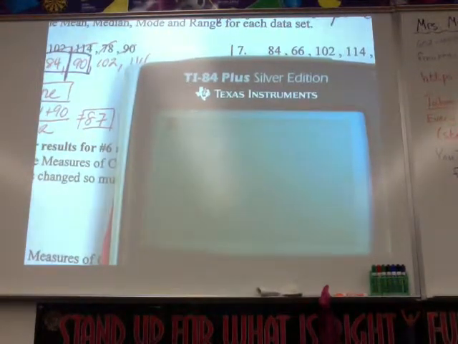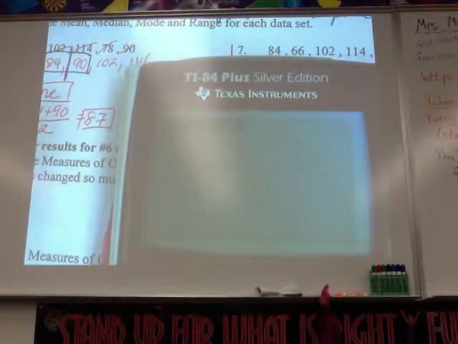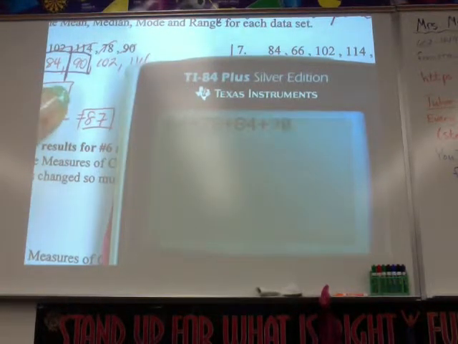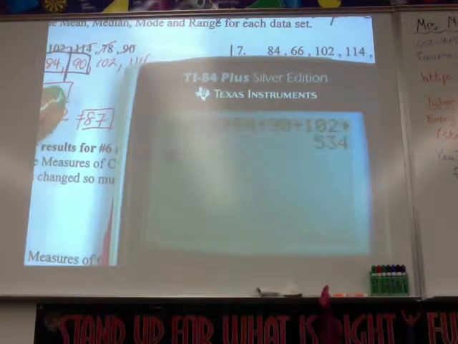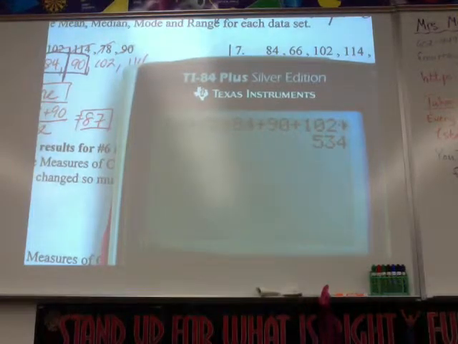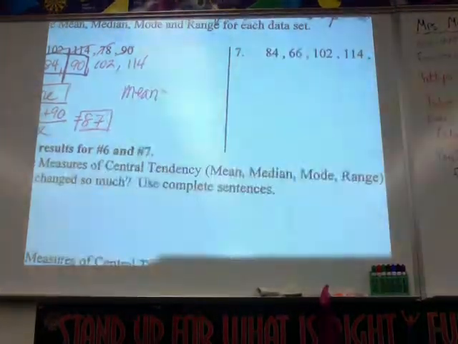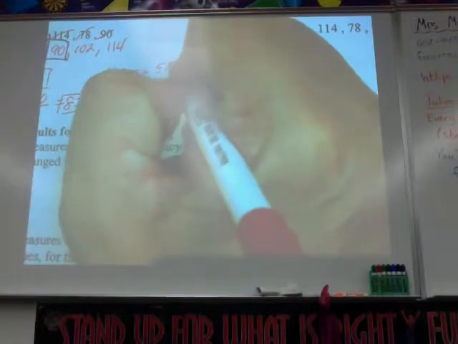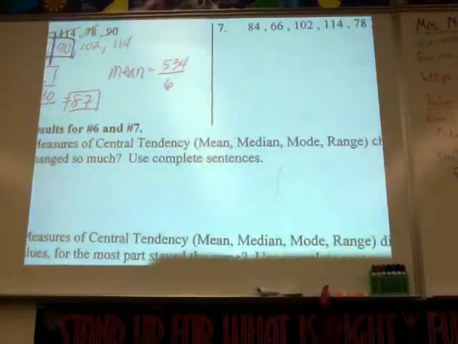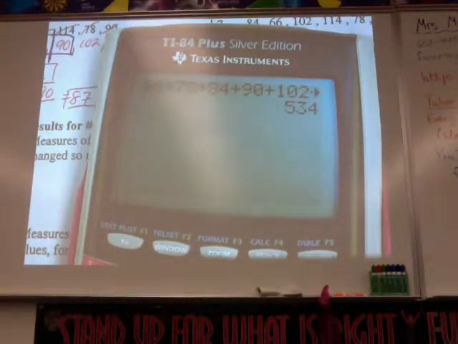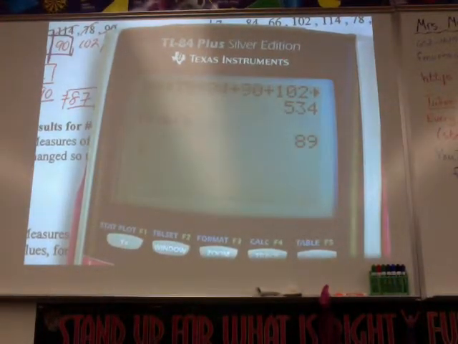So I get 60, 66, plus 78, plus 84, plus 90, plus 102, plus 114. Did we all get 534? Yes, no. All right, so I'm going to put 534. What do I divide that by? Why 6? Because there's 6 pieces of data. So I'm going to divide that by 6. And I might get a decimal. In this case I didn't. If I got a decimal, round to 2 decimal places. So here I get 89.